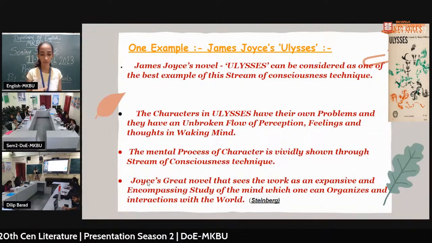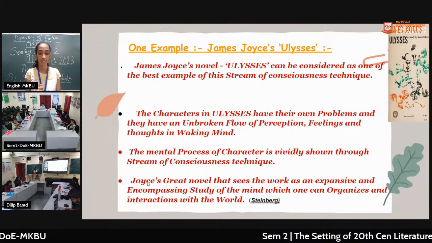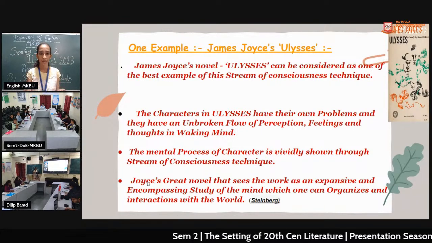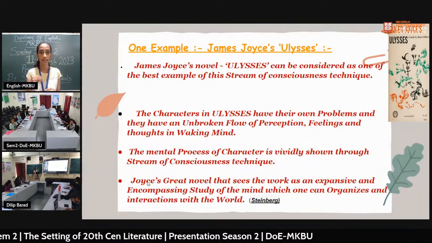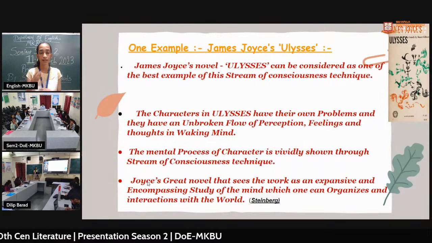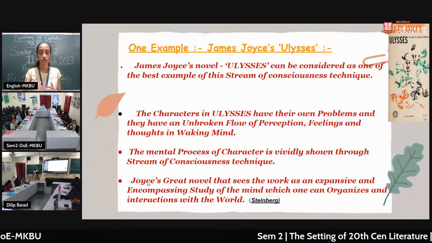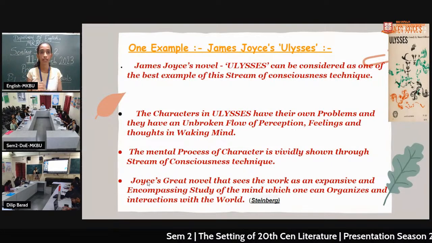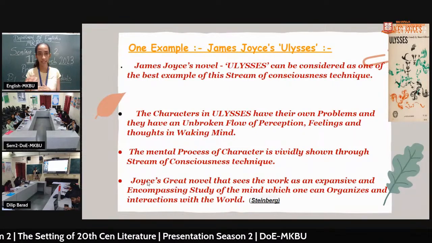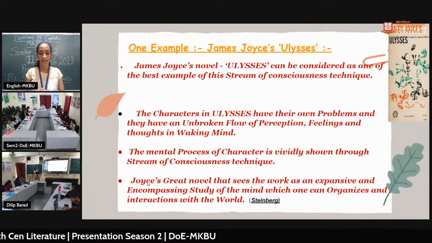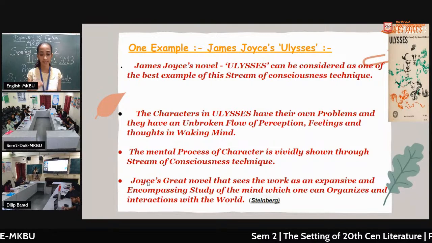So, one of the most famous examples of this technique is James Joyce's novel Ulysses. In this novel, the stream of consciousness is a kind of technique in which we can understand that the character's mind is never static, as we know that thoughts are continuously coming into our mind, and that is why it depicts the real problems of the characters in the novel.